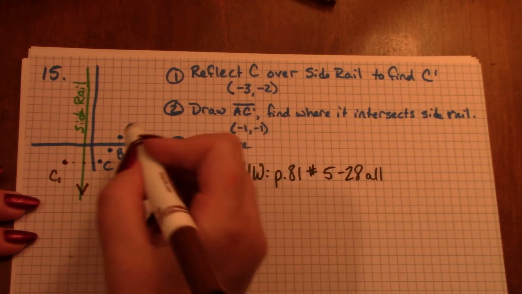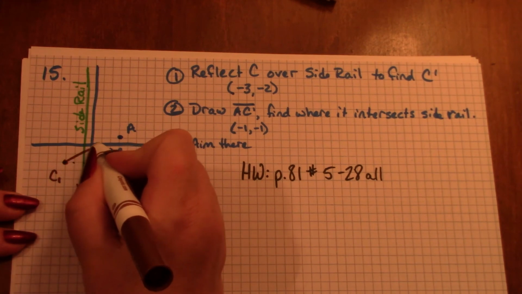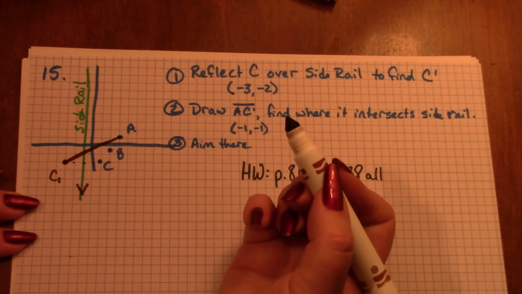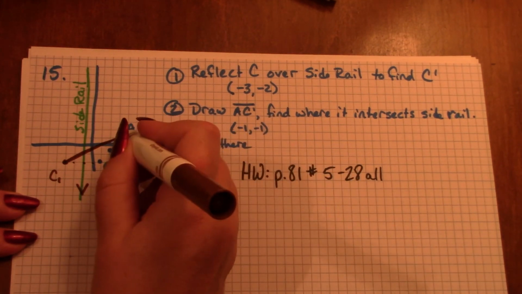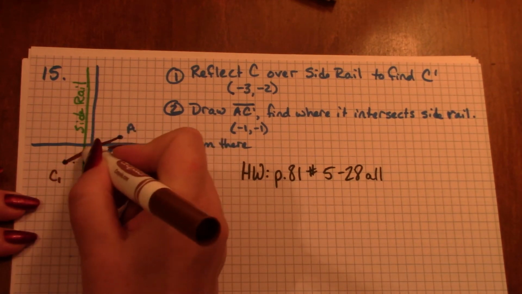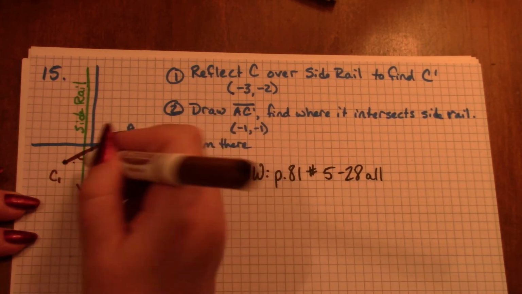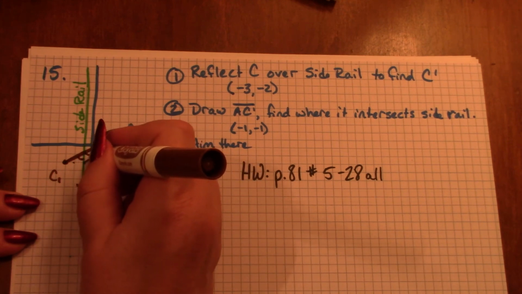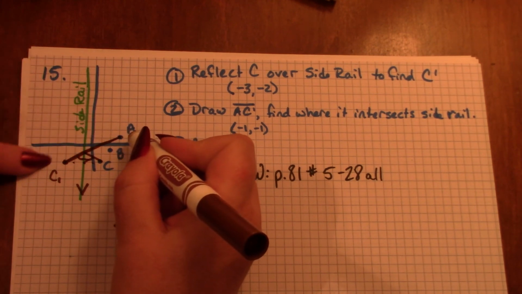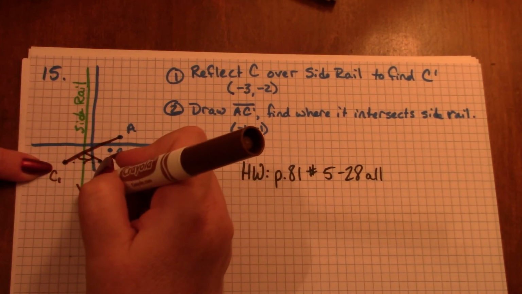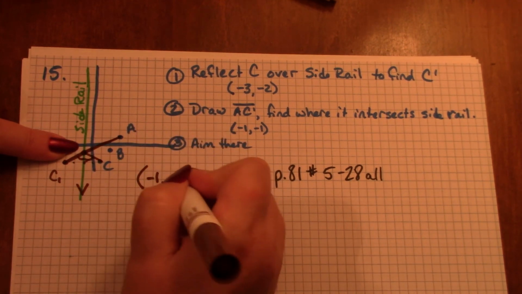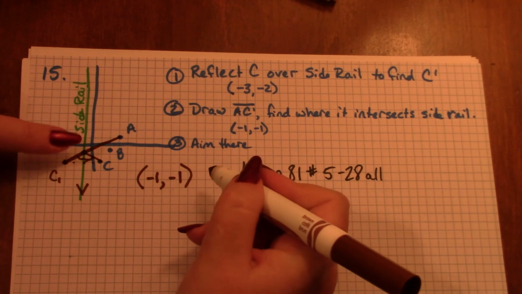Then we're going to draw line AC prime straight, because we want to go from A to C, and we want this angle to be the same as this angle. And where line AC prime crosses the side rail is right here at point (-1, -1), and you're going to aim there.